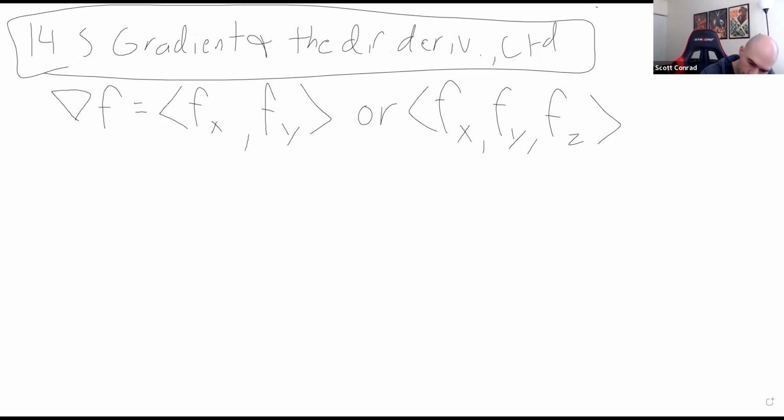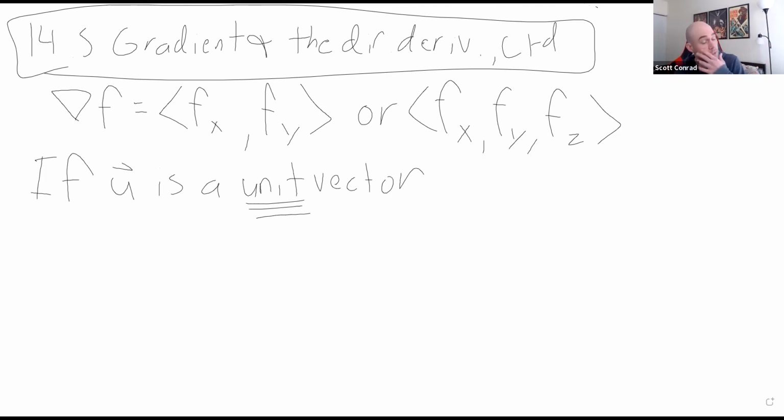And then we saw, if u is a unit vector, so we need u to be a unit vector to calculate the directional derivative.